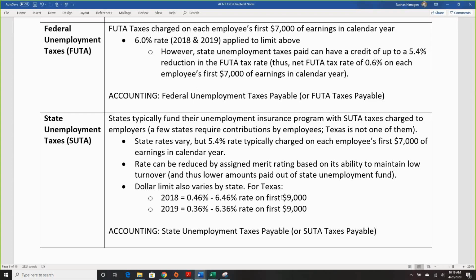There's a lot attached. Okay? Now, it's good to know for the state of Texas, because that's the one we live in, but if SUTA does pop up in your homework, it will only be doing the basic, typical charge that most states charge. Okay?